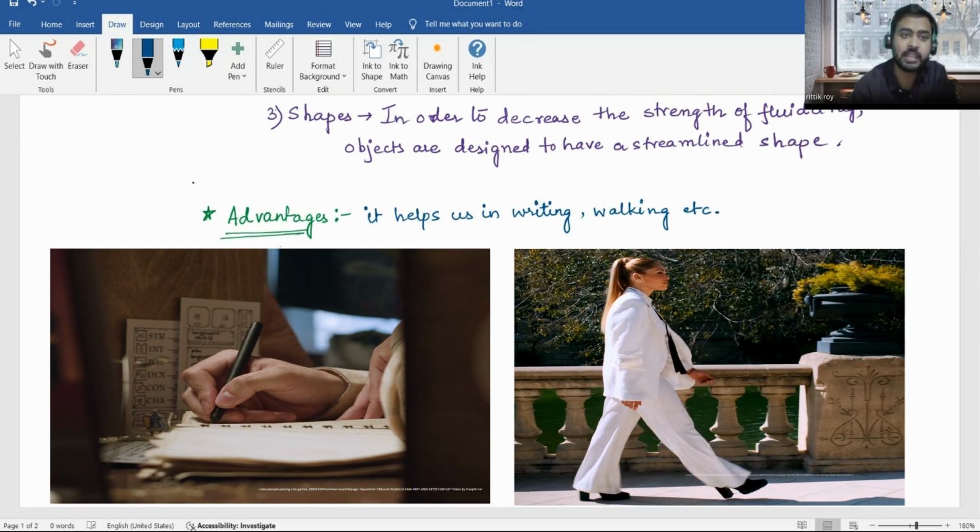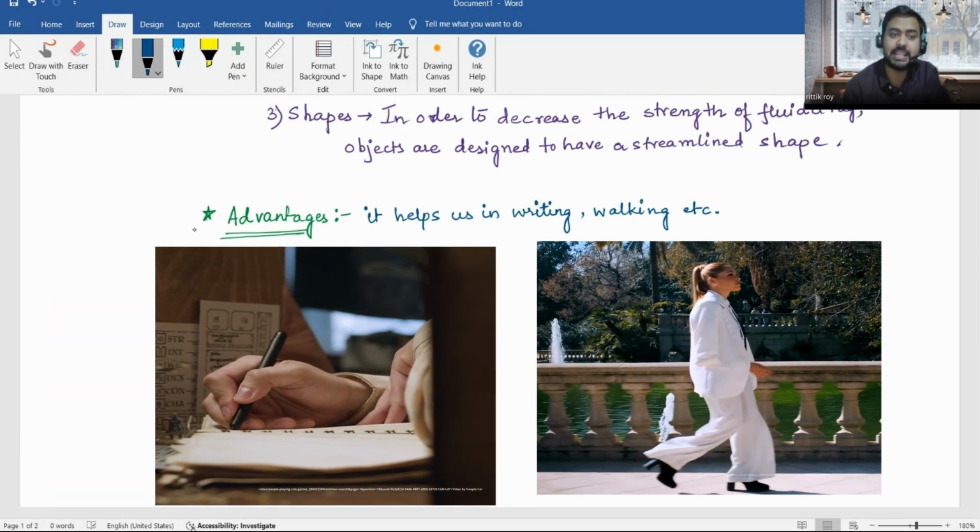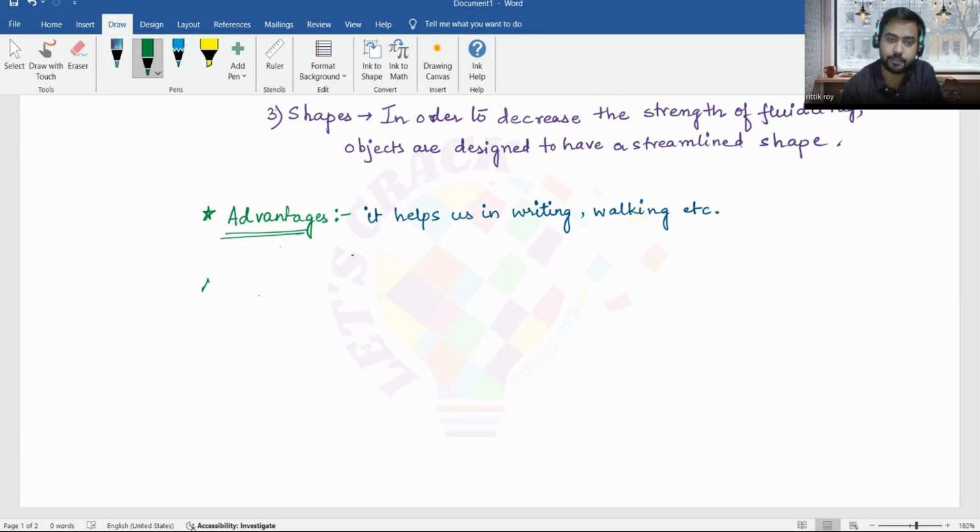Okay. Now the next thing that comes is the disadvantages of friction. So what are the disadvantages of friction?